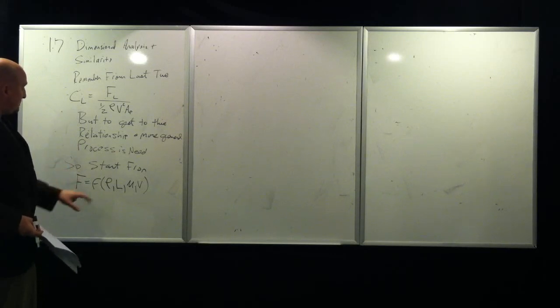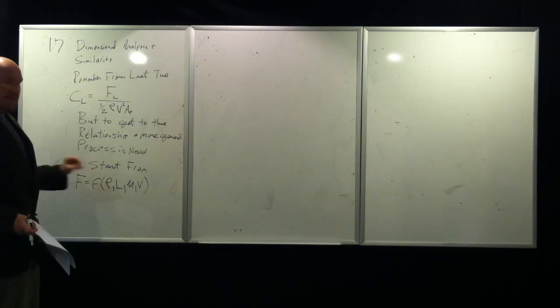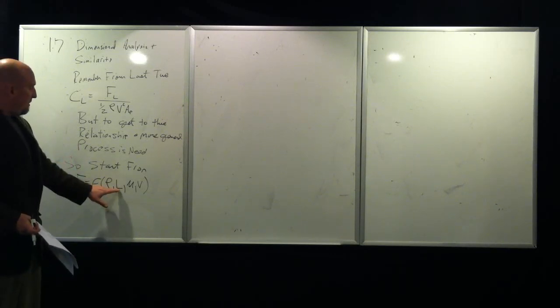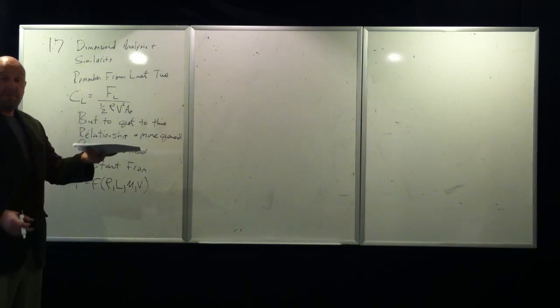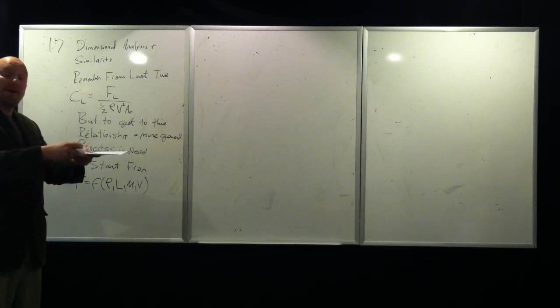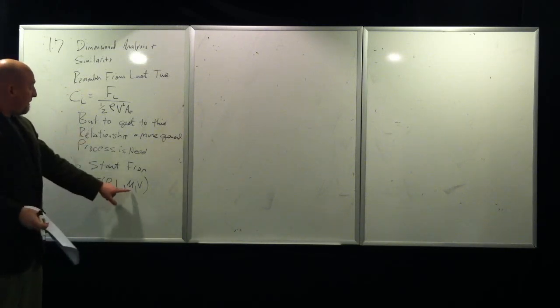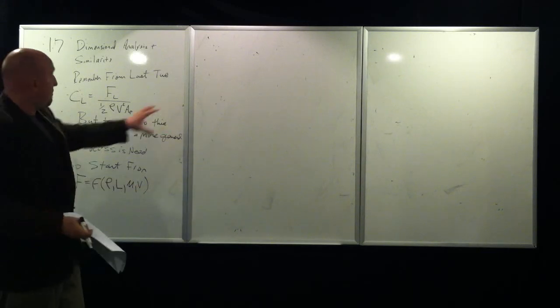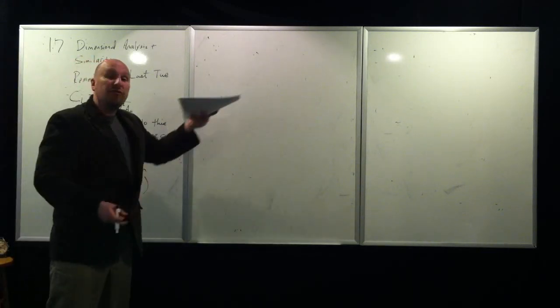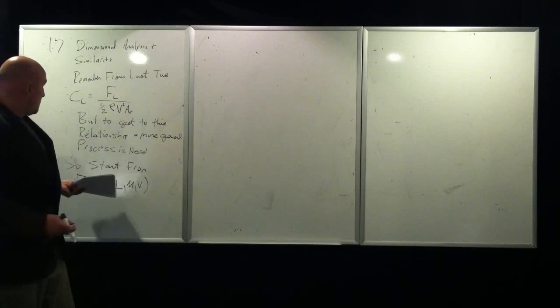It's going to be a function of density of the fluid, the length of your geometry or prototype or model, or the shape, the viscosity of the fluid, and the velocity at which the fluid or object is moving within the fluid.